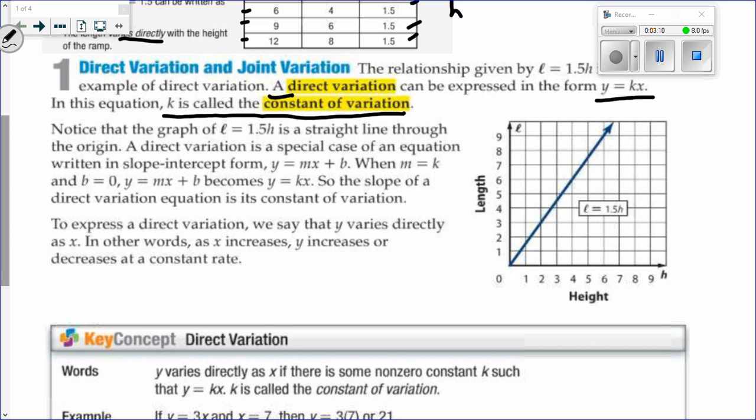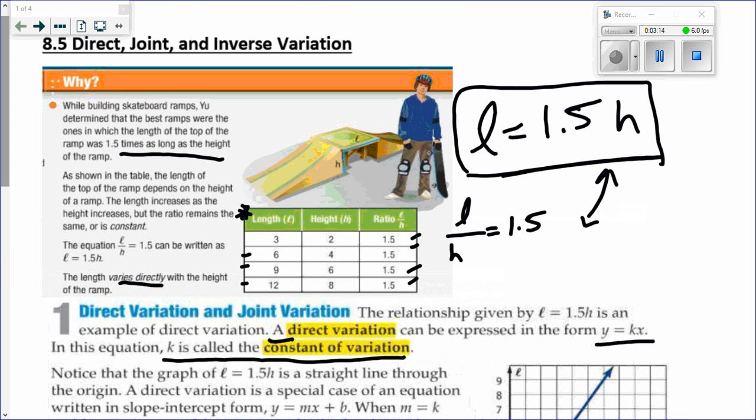So if we revisit the example up top, the 1.5 that we saw is, in this example, our constant of variation.